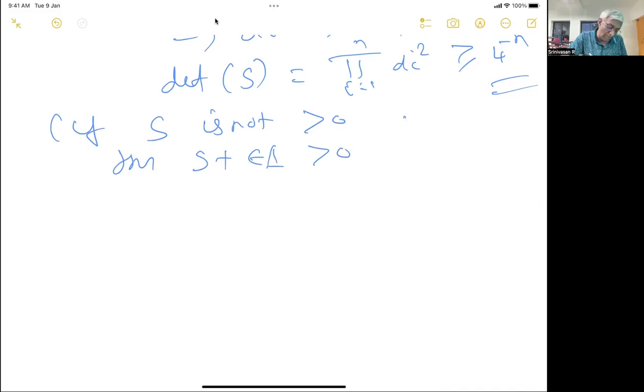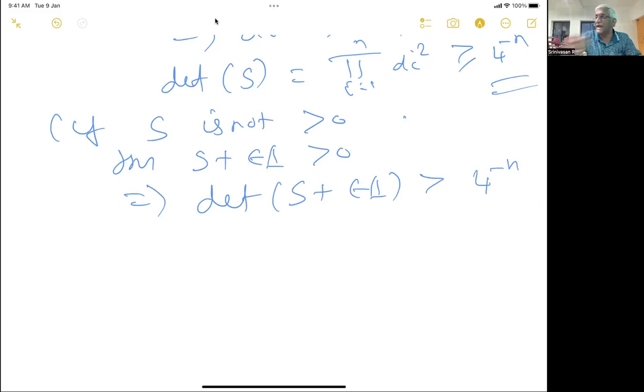You apply the calculation to S plus epsilon 1, and you get the bound with epsilon added everywhere. Take epsilon going to 0, and you get the answer, since the determinant is continuous.